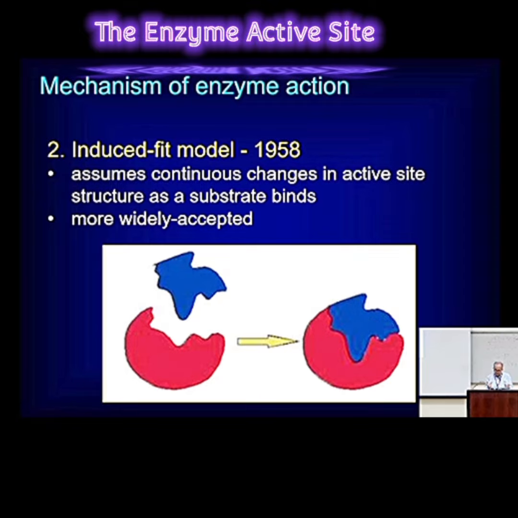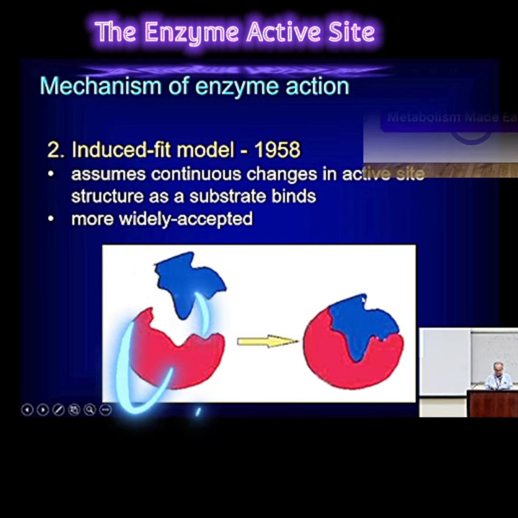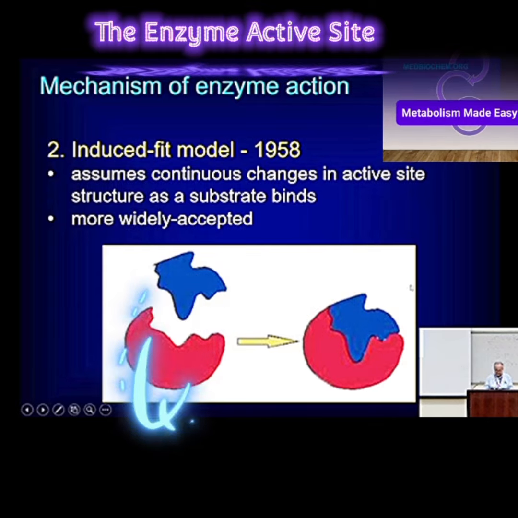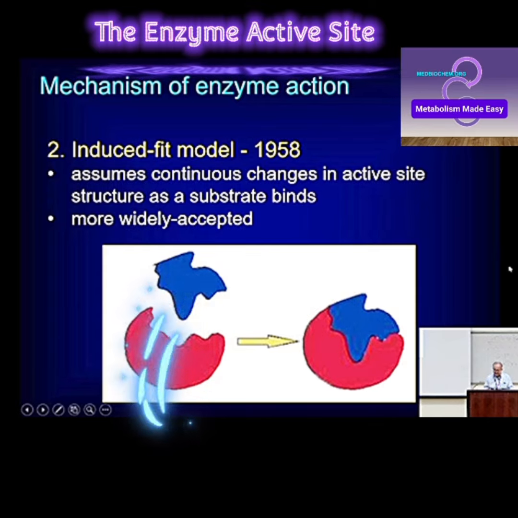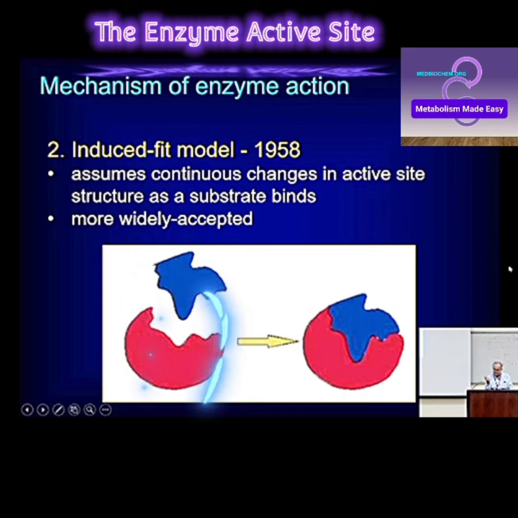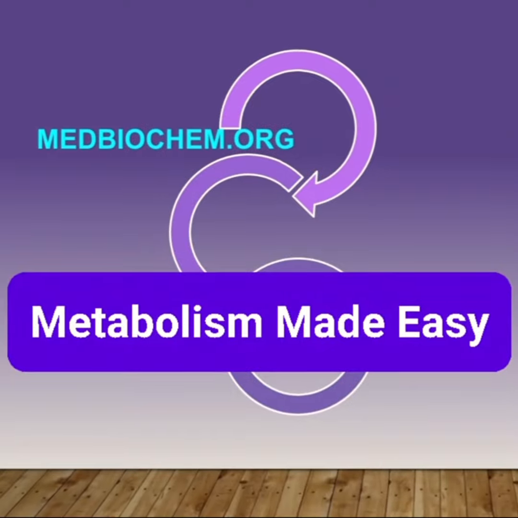It means it can change its shape and accommodate the substrate to fit that way. So it's more likely that the binding site has a dynamic characteristic. It can change its conformation to accommodate the substrate.